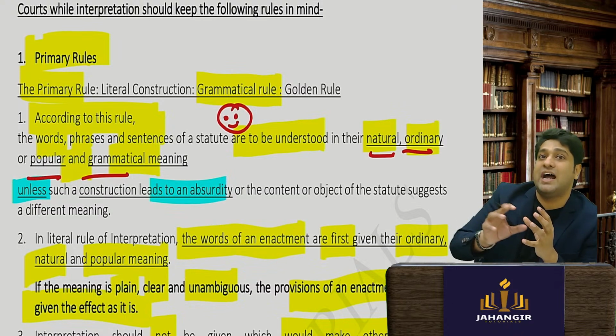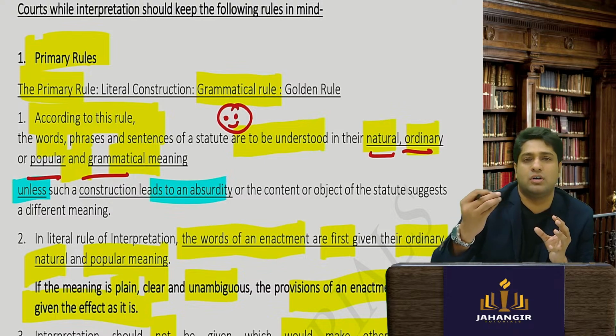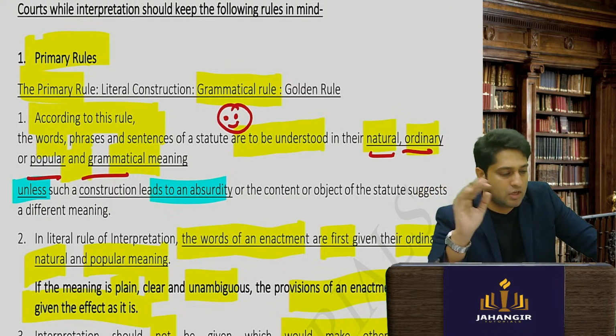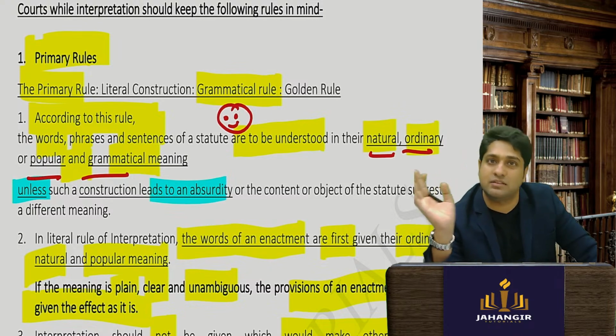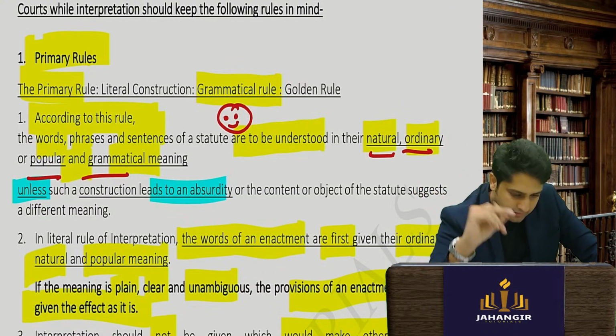However, if that meaning is leading to absurdity, some kind of issue or double meaning, then we will not apply it. If a word fits exactly and makes sense, then we will apply the dictionary rule, the primary rule, and move ahead.